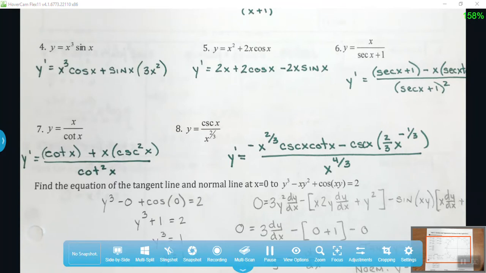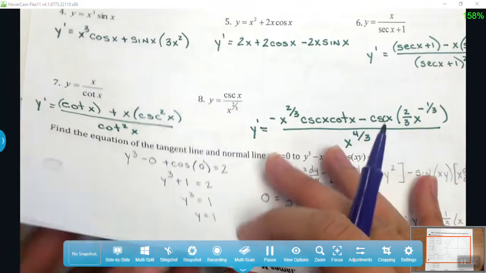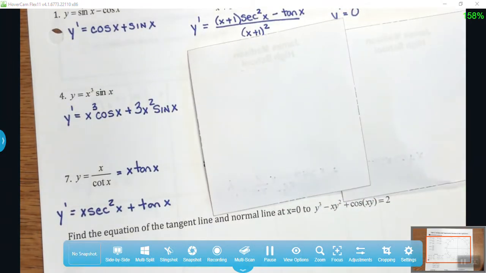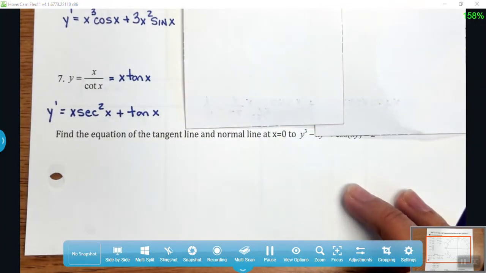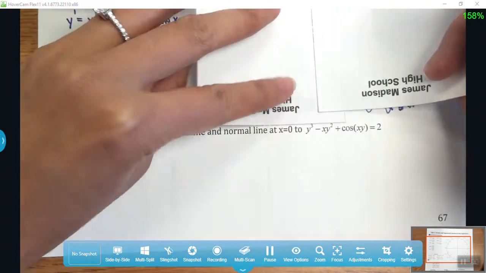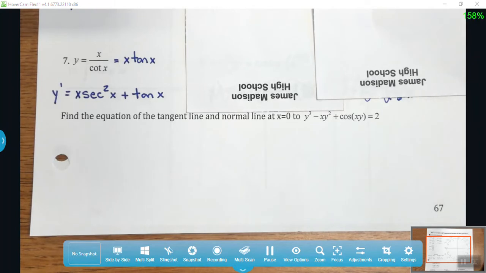Okay. All good? Now let's do implicit, which is what we did before. So for implicit, we are doing the tangent and normal line to this. What do I need for a tangent and a normal line?